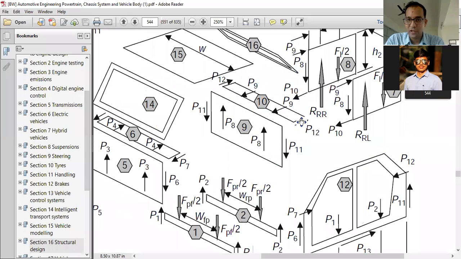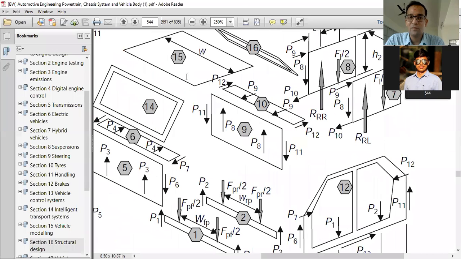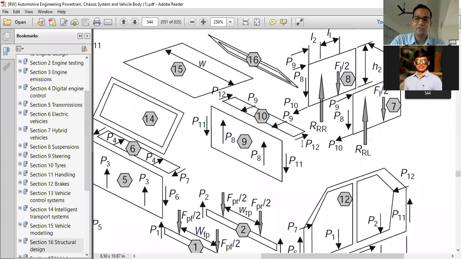In the front panel and rear panel, at the top, we are having various kinds of reactions and this will deform the sheet metal. The sheet metal is going to deform in a particular way, and if we want to control that deformation, what should we do? A direct sheet metal will allow deformations, but the bending of edges in a particular profile and building of those edges in the frame will hold your component at the proper place. So this is the actual idea behind observing the loading condition in various components.